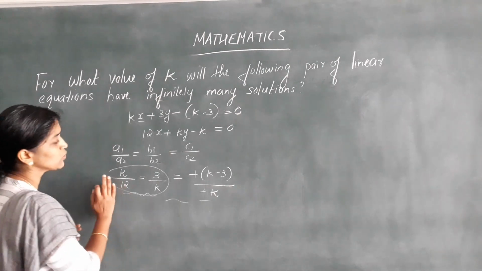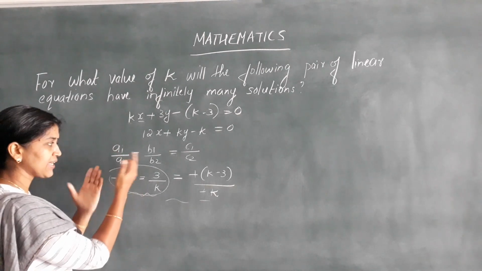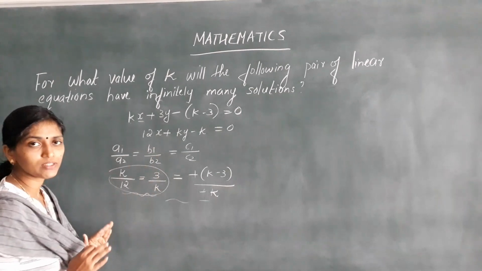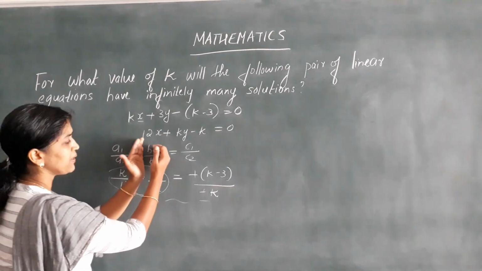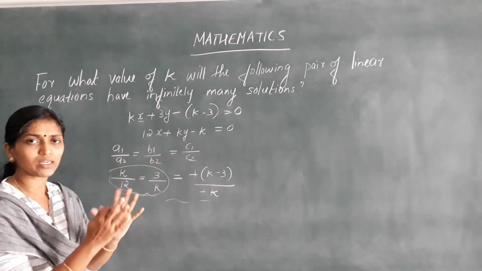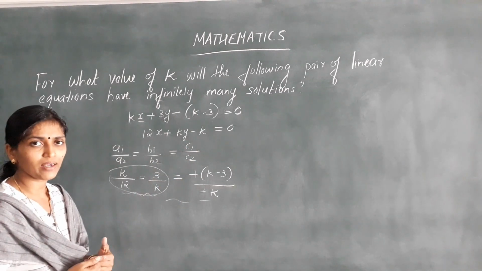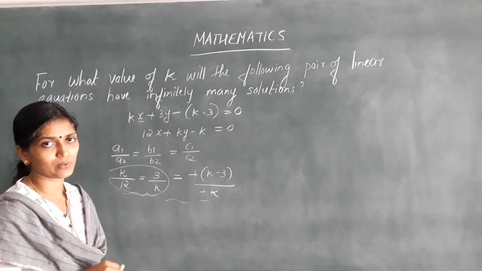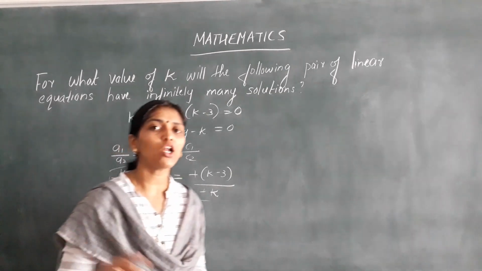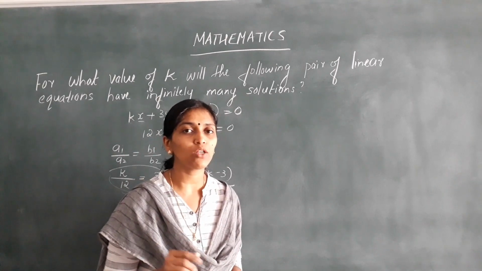So first, I can compare a1 by a2 and b1 by b2 and get the value of k from there. Or I can take b1 by b2 and c1 by c2, they are equal, and get the value of k. Or I can take a1 by a2 equal to c1 by c2 also. And which is common in all, I can take as the value of k.